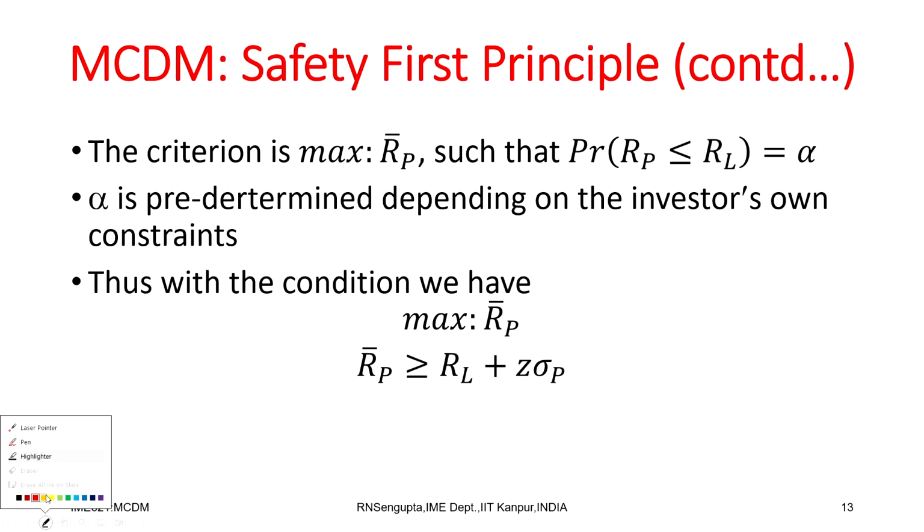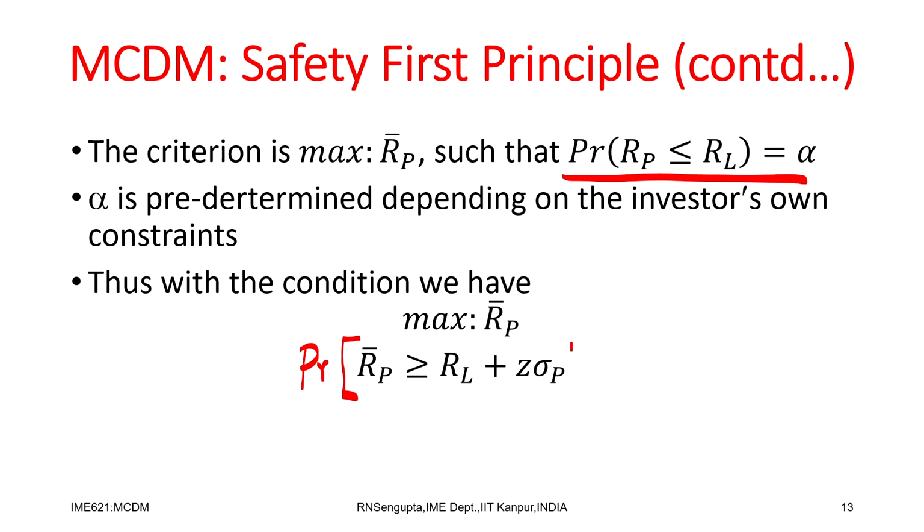If I consider the constraint, I will just mark where alpha is predetermined depending on the investor's, the decision maker's own constraint sets of safety concepts, and the idea when converted is like this, which is maximizing RP, and obviously this is a probability, but again it can be converted into the concept, if I remember, the straight line y is equal to mx plus c.